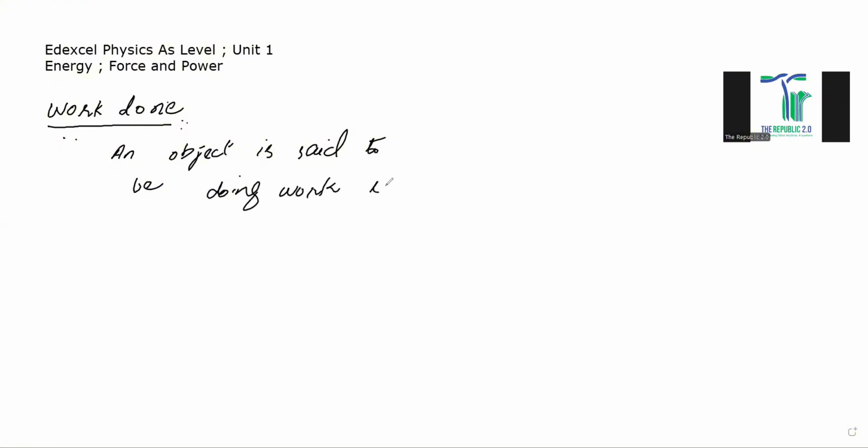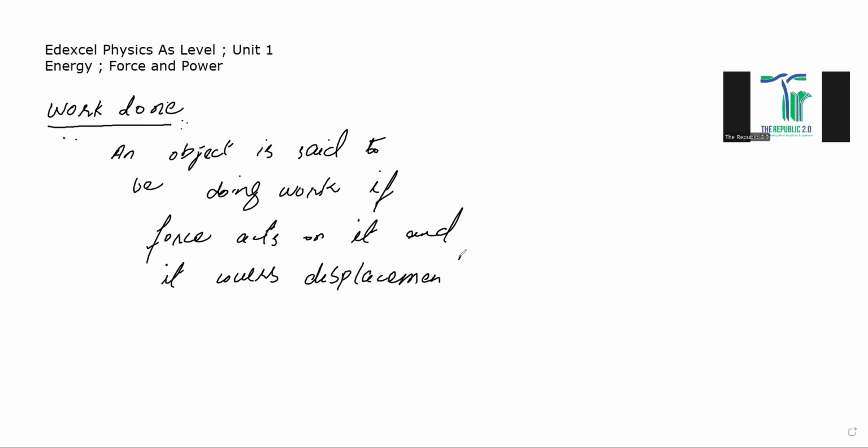So work done, what is work done? An object is said to be doing work if a force acts on it and it covers displacement in the direction of force.